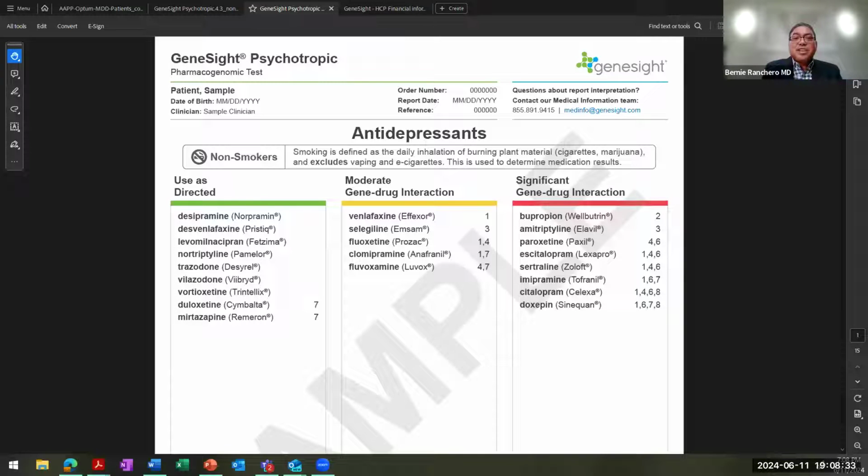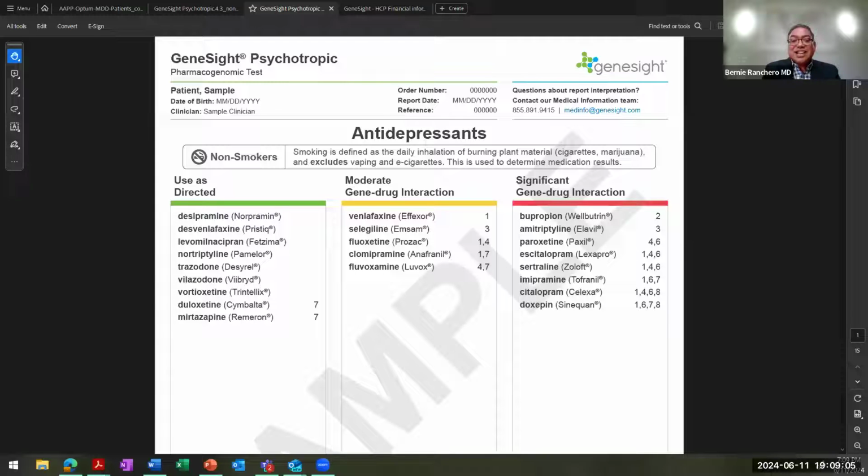Sure. I think one of the things, for instance, if this is my patient, I look and I say, well, this is why when I start him on Lexapro, escitalopram, which is usually my go-to, or Zoloft or sertraline, I can look and say, oh, wait a second. There are some significant gene-drug interactions there. That is perhaps why they didn't respond, or perhaps they had side effects, or perhaps they didn't do well on those medications. It's also a way to show the patient, this isn't your fault. This is your genetics.